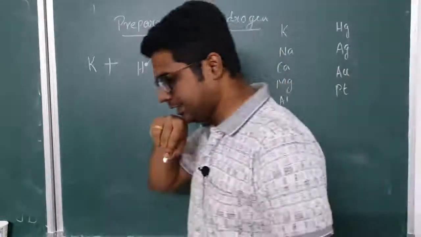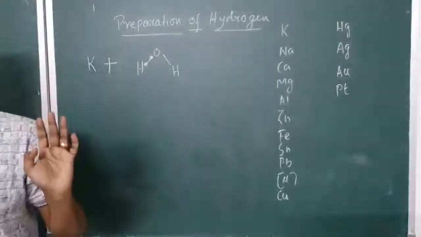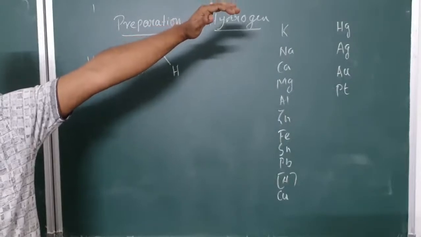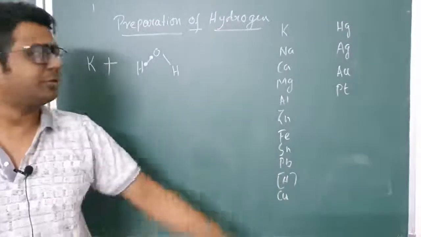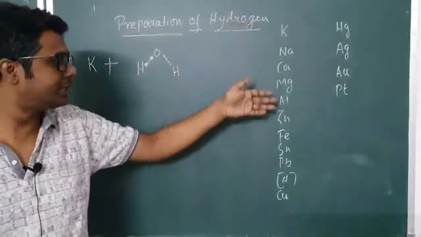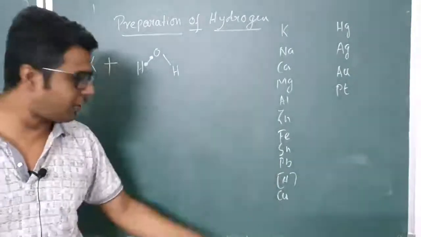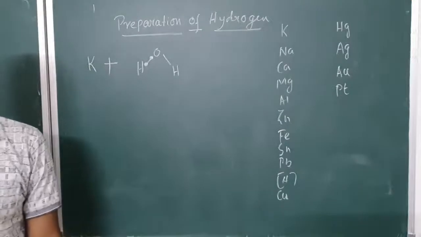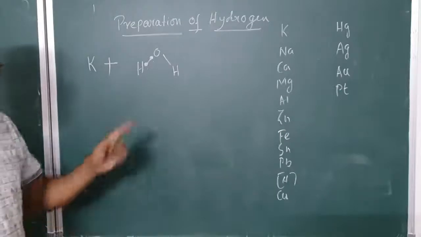In this metal activity series, the series is made in such a way that the most active metal is placed at the top, and the most active metal can displace other metals below it. Okay, so potassium can displace sodium. What does displacement mean? We will understand right now. Sodium can displace zinc. Okay, lead can displace hydrogen, but copper cannot displace hydrogen. Why? Because copper is below hydrogen. Copper cannot displace hydrogen. At this moment we have potassium, and what is this?